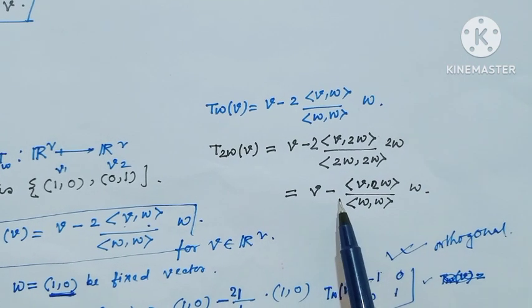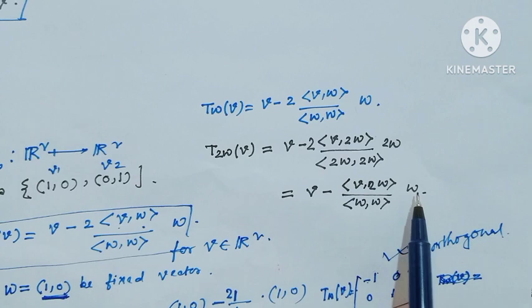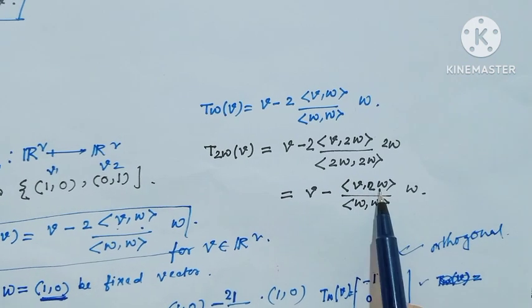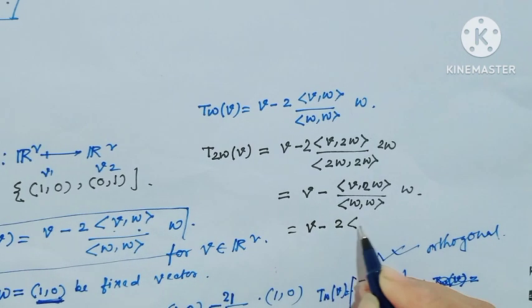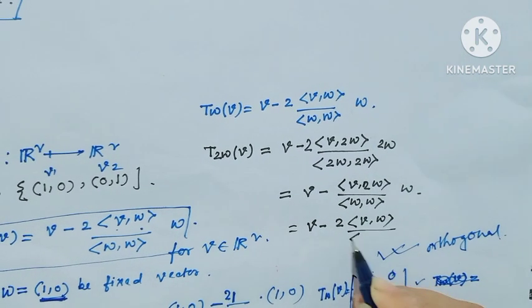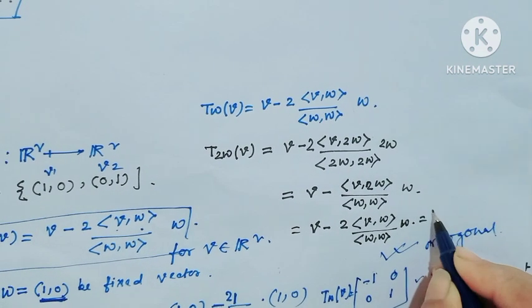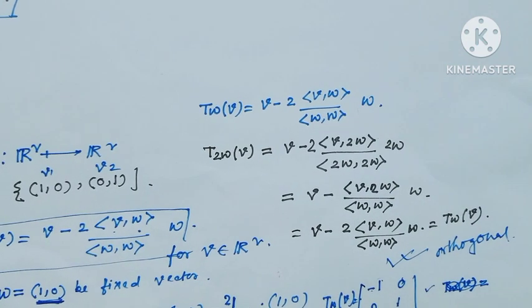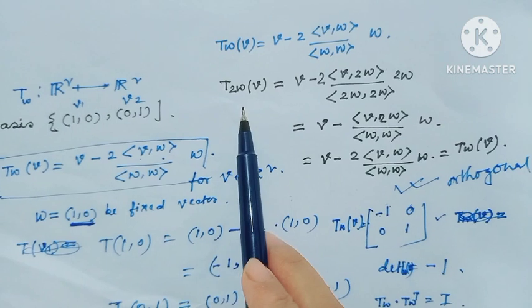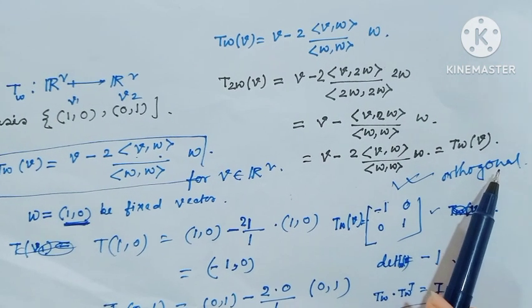This would be V minus 2 times the inner product of V with W, divided by the inner product of W with W, times W. And this is nothing but T_W(V).